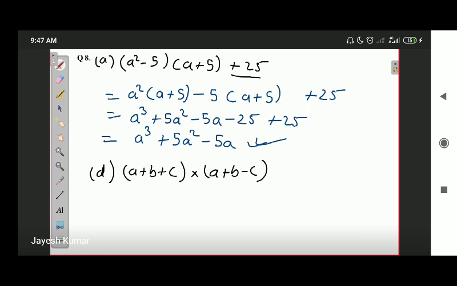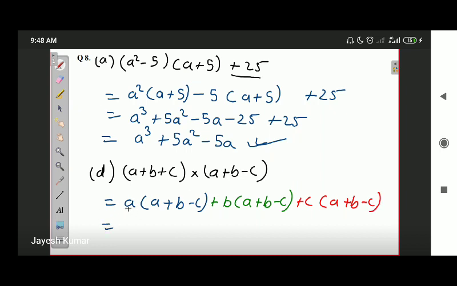So we will do it as first term of the first bracket is to be multiplied with the second bracket. After that, middle term of the first bracket is to be multiplied with the second bracket. And finally, last term of the first bracket is to be multiplied with the second bracket.